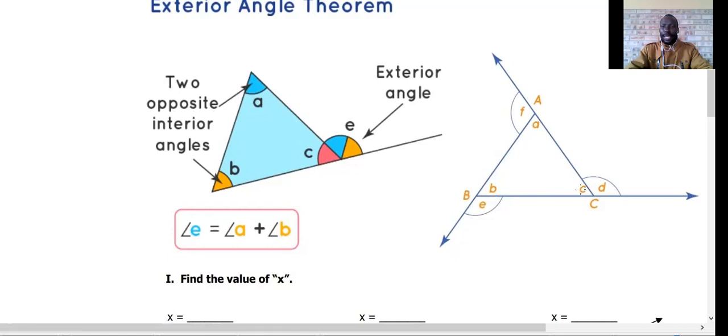Then B and C are two interior angles opposite to what? To F, meaning when we add angle B to angle C, we must get angle F. Also angle C and angle A are two interior angles opposite to what?